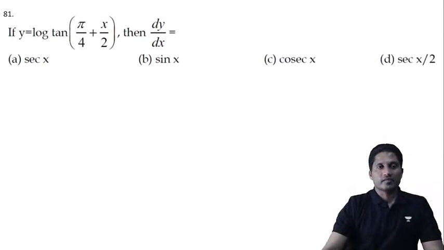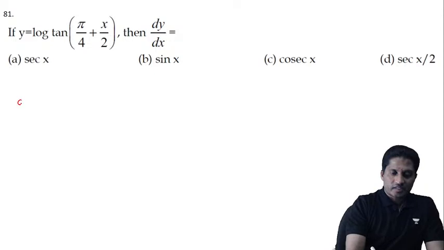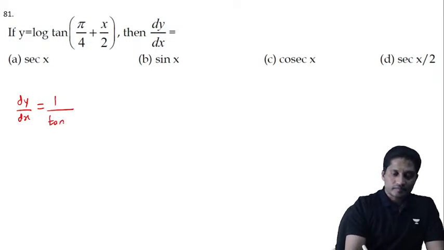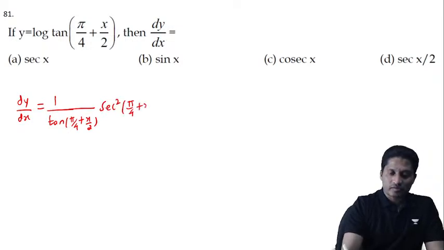Alright, question number 81. If I differentiate this, dy by dx is equal to differentiation of log x is 1 by x, right? So log of tan x gives 1 by tan x, and differentiation of tan x is sec square x. So this is sec square of pi by 4 plus x by 2.